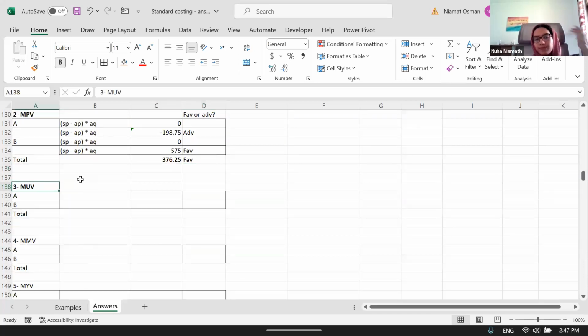Okay, next, usage variance. What's the formula? Quickly, quickly. Usage variance formula is in the chat box: SQ minus AQ into SP. Perfect.